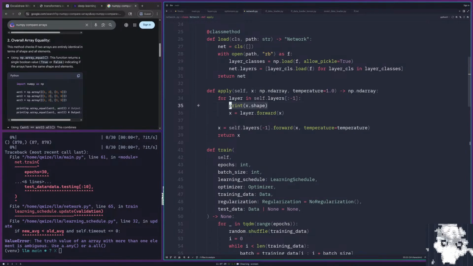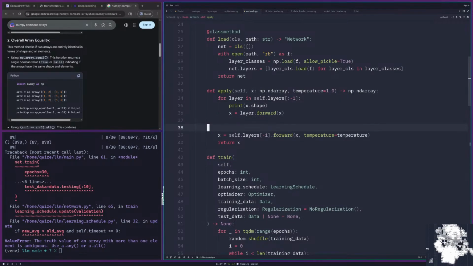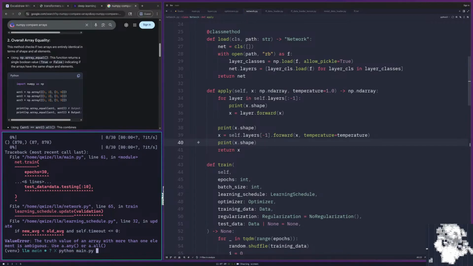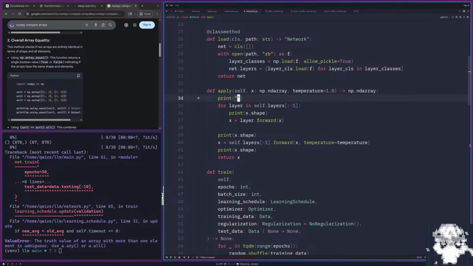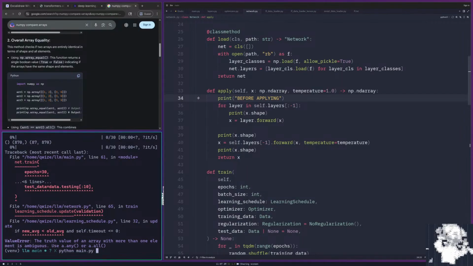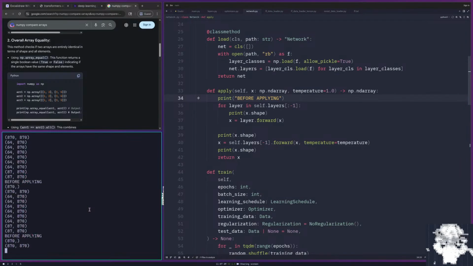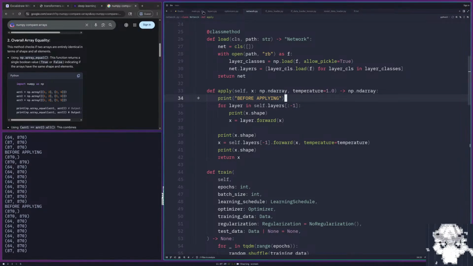X.shape. So let's trace the activation through the network. 870 by nothing, which makes sense.